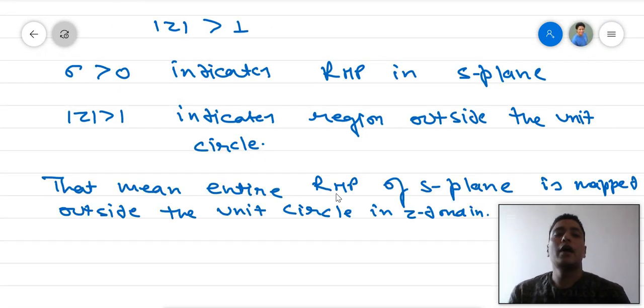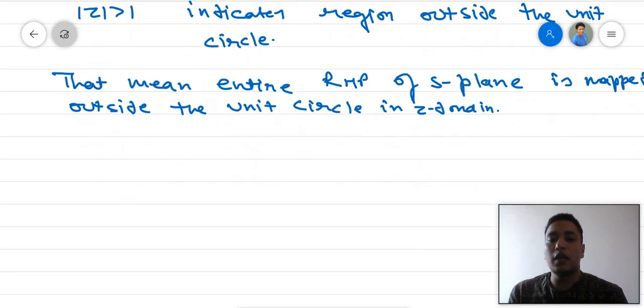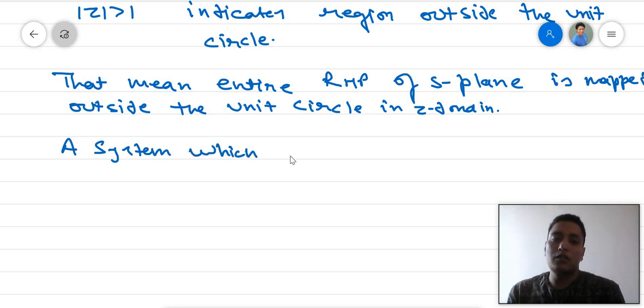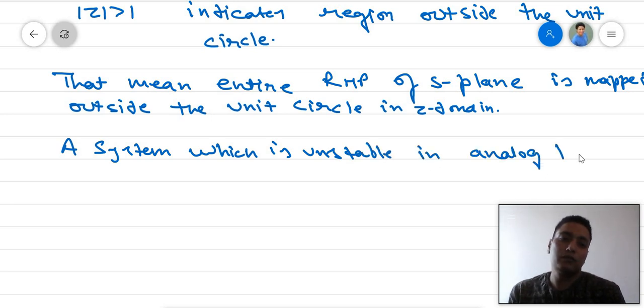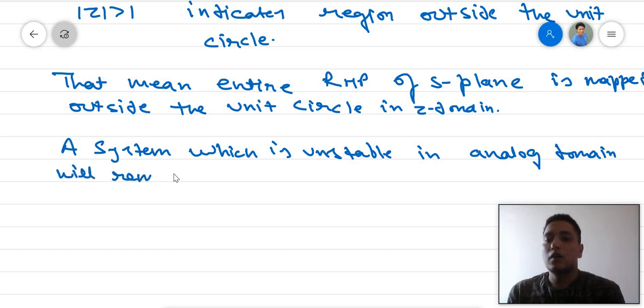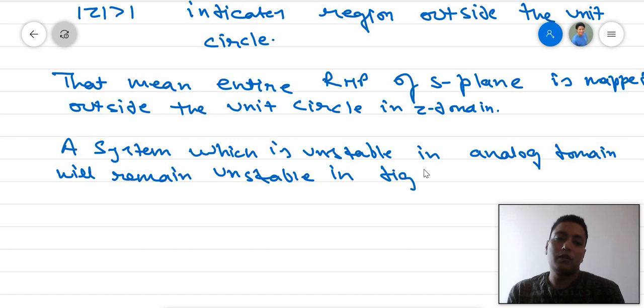That means the entire right half plane of the S plane is mapped outside the unit circle in the Z domain, and we can say a system which is unstable in the analog domain will remain unstable in the digital domain.